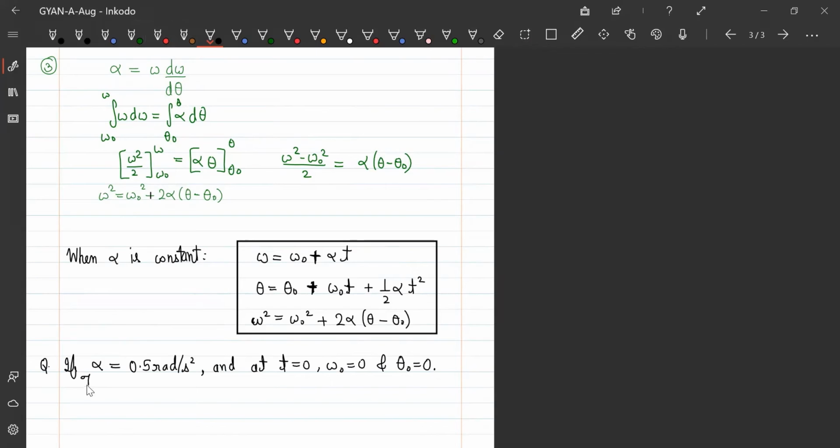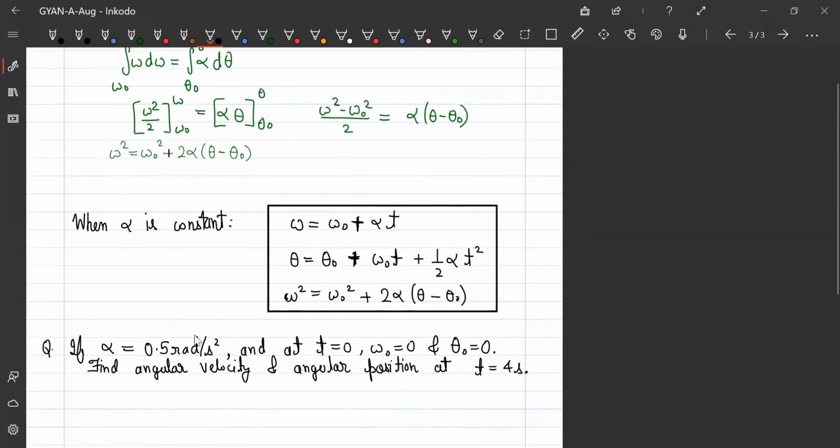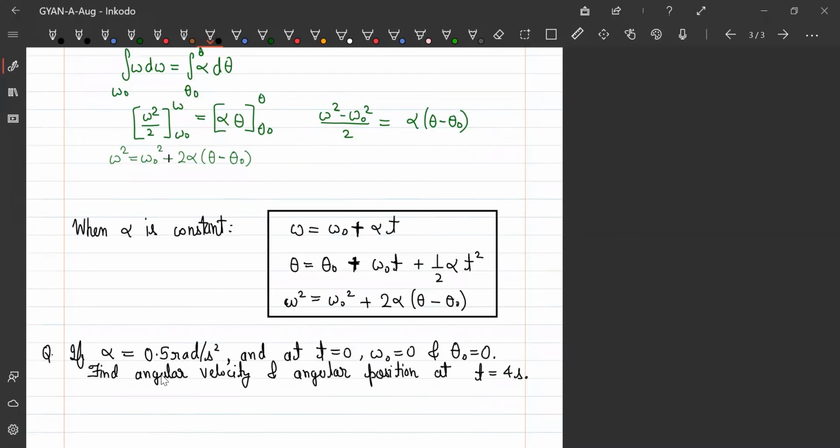Then find angular velocity and angular position at t is equal to 4 seconds. सिंपल सा क्वेश्चन है. अल्फा की वैल्यू दी हुई है, मींस अल्फा इज अ कांस्टेंट. फाइंड angular velocity and angular position at t is equal to 4 seconds.